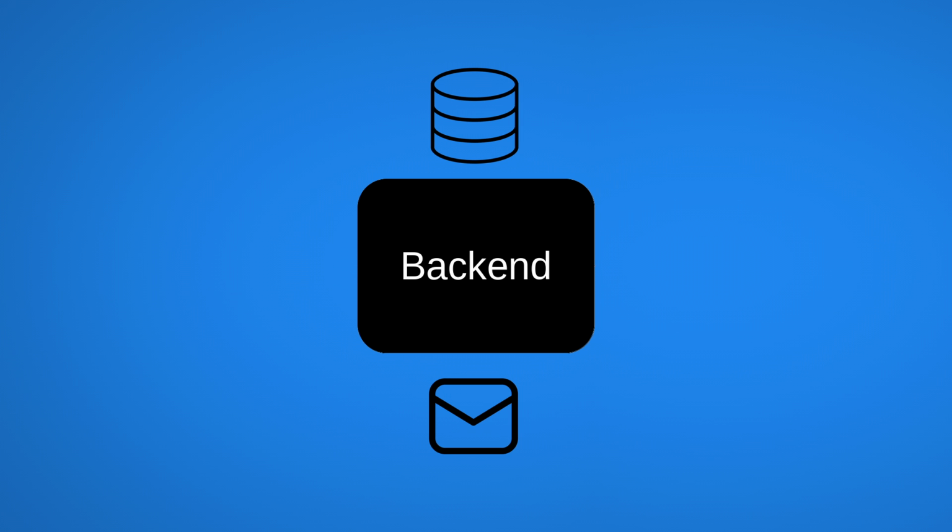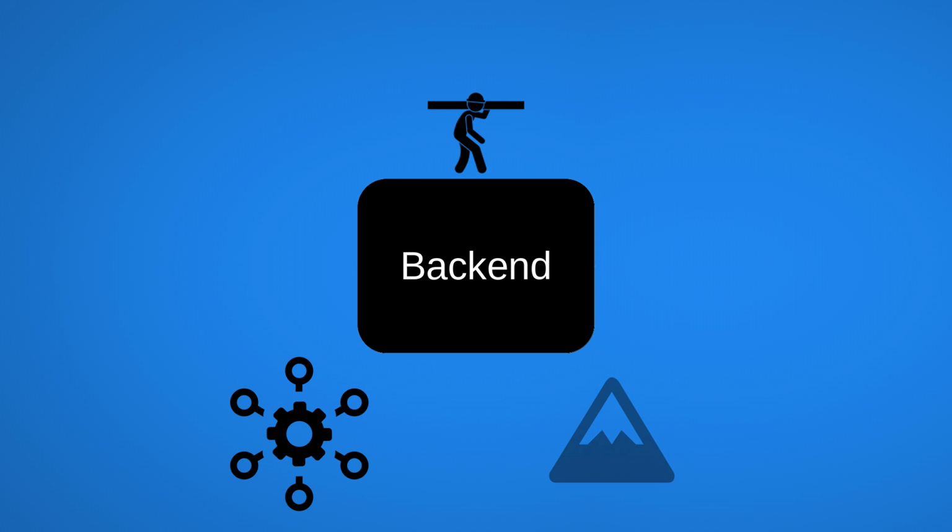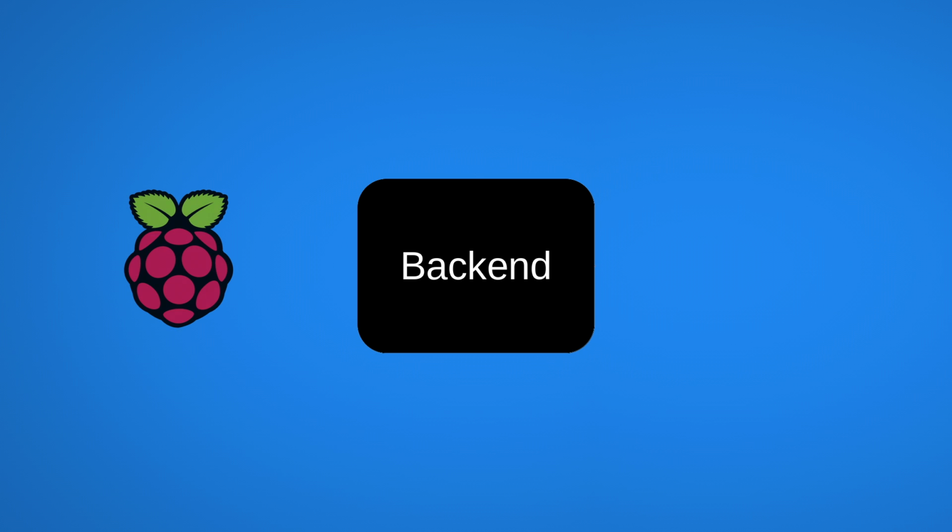Because we are mainly focusing on the backend part of the solution, it's a good idea to start building the foundation for it. Whether you will use microservices or a monolith, we need to have some hardware which can run the backend. If you have a Raspberry Pi lying around, that would be great. I have one lying around which I will use for this project.